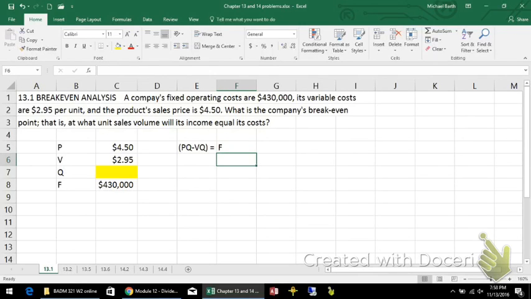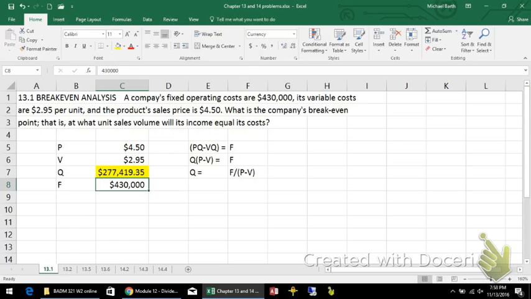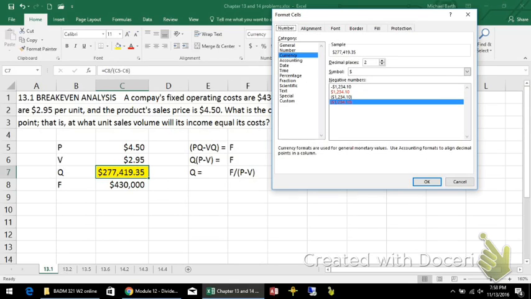So if I extend the algebra a little, then Q times P minus V would be equal to F. So if I divide both sides by P minus V, Q would be equal to F divided by P minus V. Okay, so if I take these fixed costs and divide them by the price per unit minus the variable cost per unit, I'll get the number of units that I need.